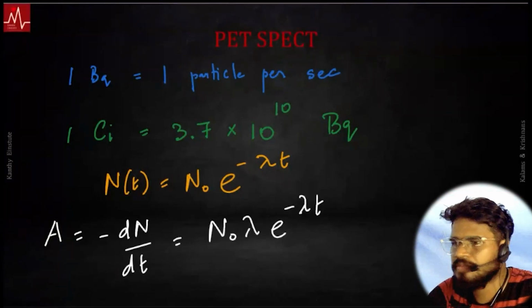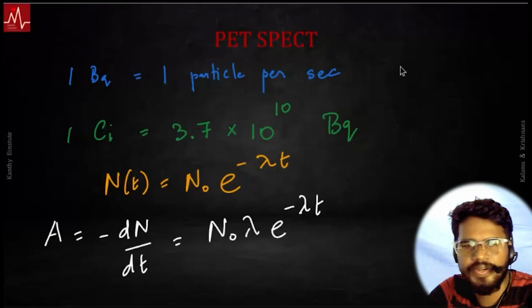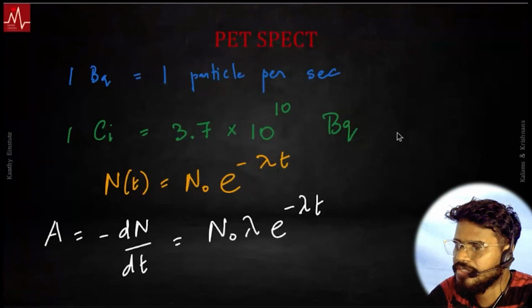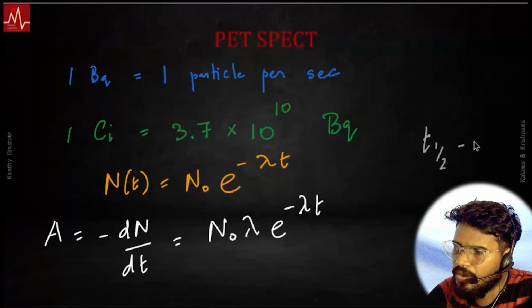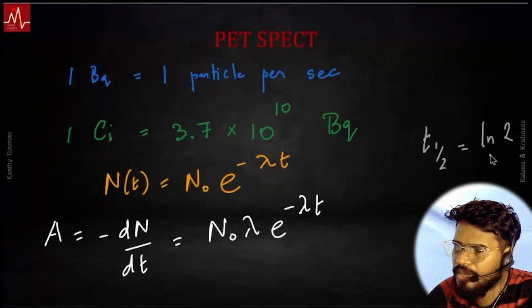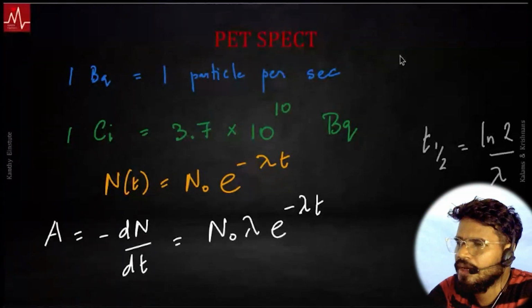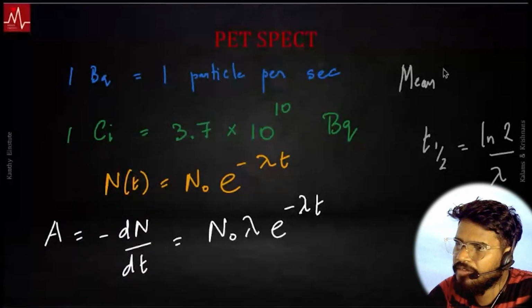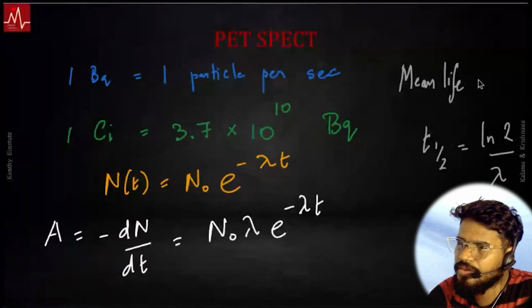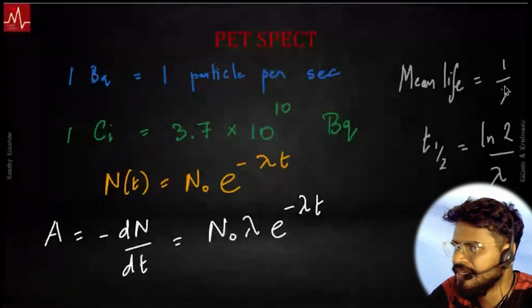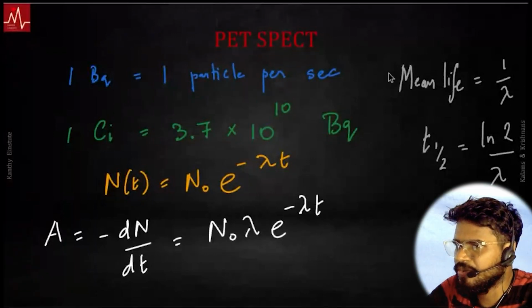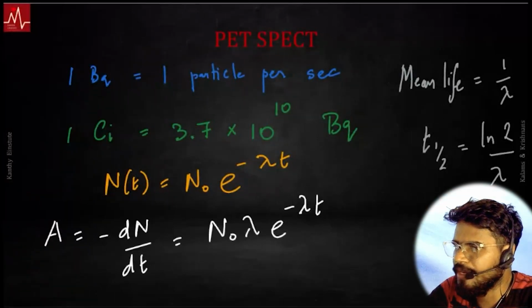Then we have additional things here, like t half is ln 2 by lambda. And mean life should be equal to 1 over lambda, right? These are most of the things that you need to know regarding radioactivity, PET and SPECT.